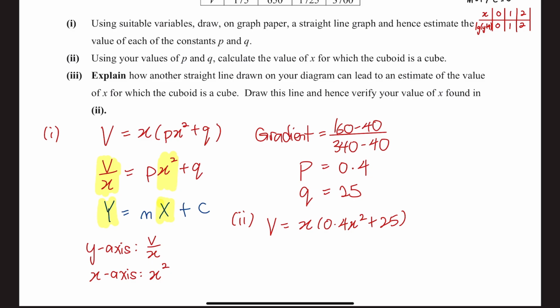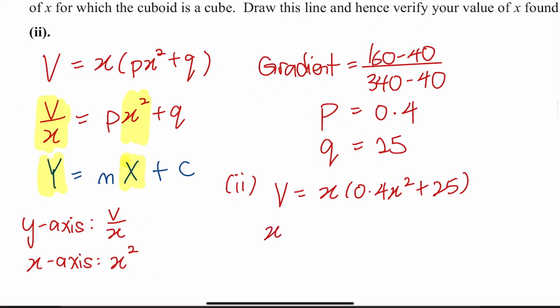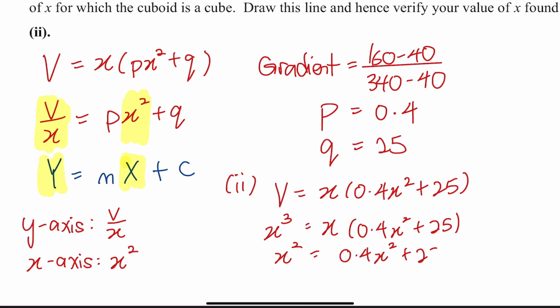For this to be a cube, it means that I want to get my volume here. If it is a cube, volume of a cube is x cubed. Okay, length times breadth times height, and they're all the same value, equals x over 0.4x squared plus 25, which means that I divide both sides by x. Since x cannot be 0, x squared is equal to 0.4x squared plus 25.